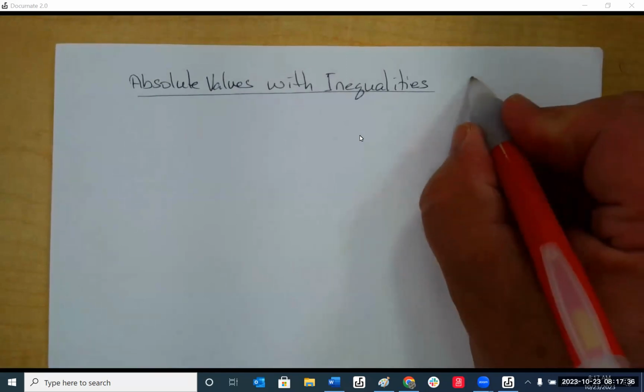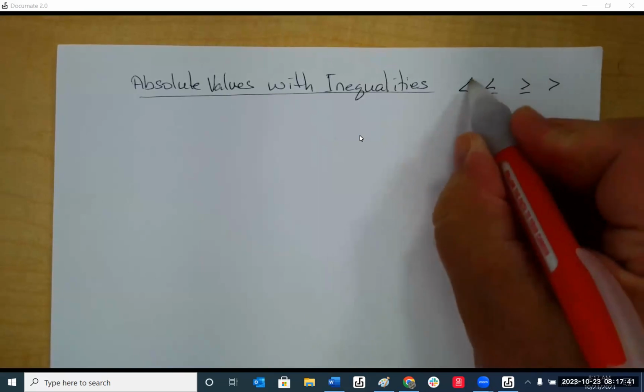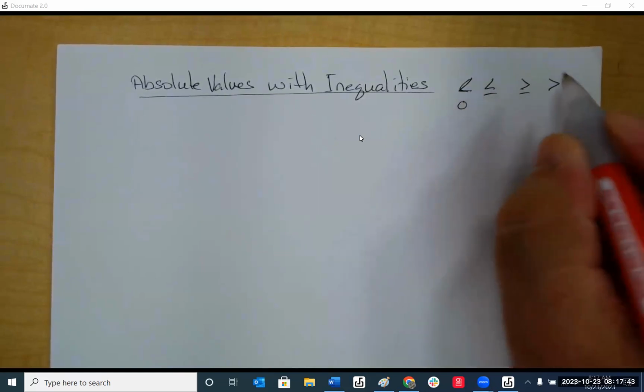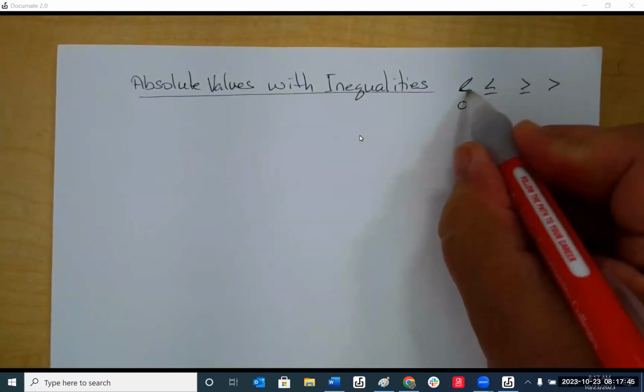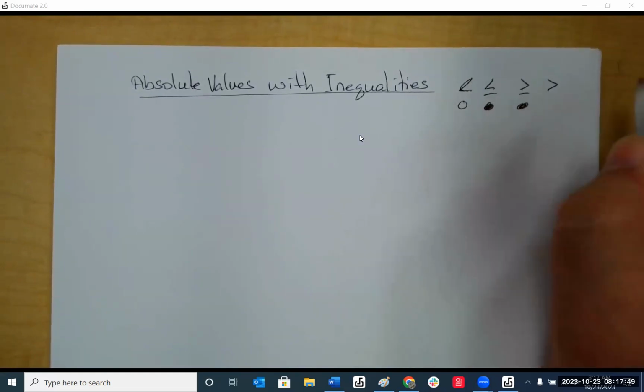The same rule applies on the graph. It's open circle if it's just strict inequality. It's a closed circle if it's less than or greater than or equal to.